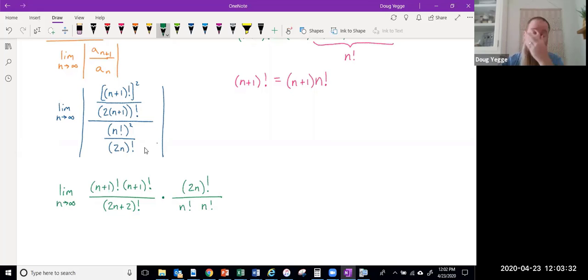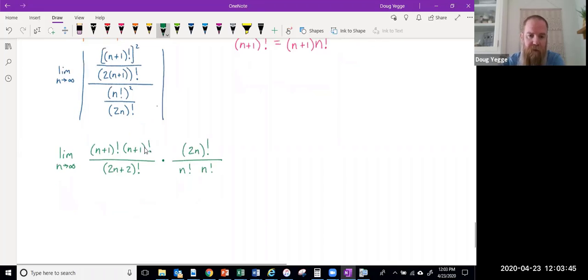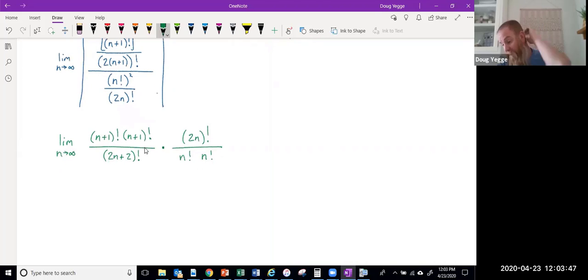So this is where you really have to start thinking about what factorials mean, right? We already talked about what n plus 1 factorial means. It means n plus 1 times 1 integer less times 1 integer less times 1 integer less, and so on. Well, anything that involves n plus 1 is definitely going to involve any factorial that's less than that.